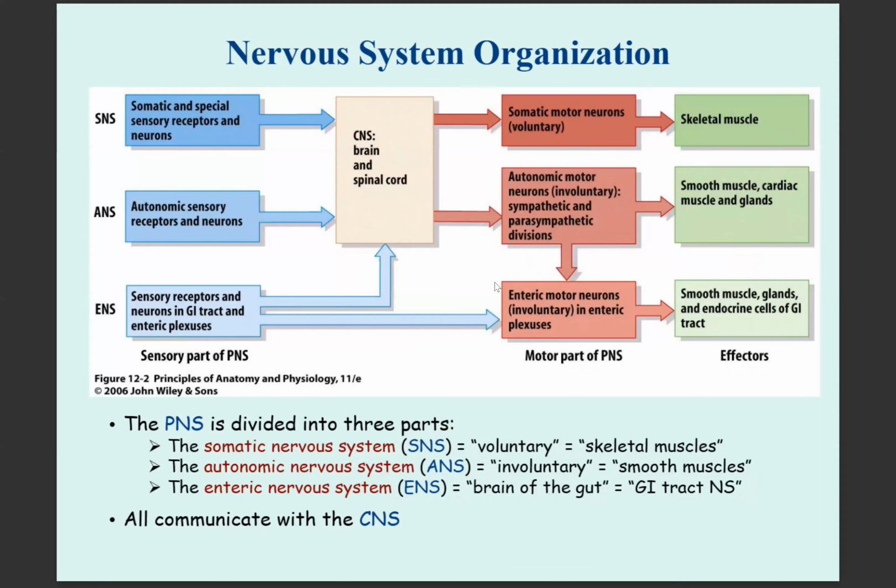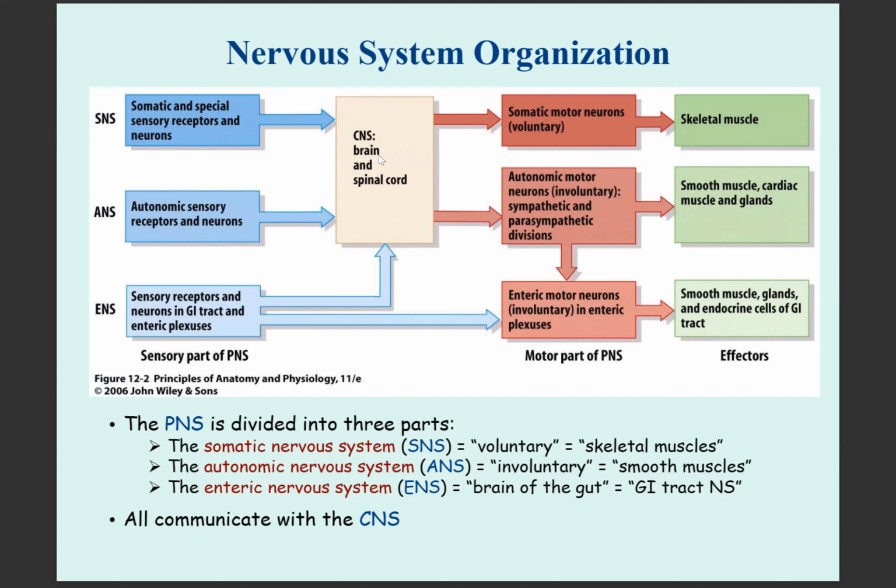So when we look at the general organization of the nervous system, the central nervous system, which is made up of the brain and the spinal cord, will have somatic and special sensory receptors and neurons that are connected to it. When we say somatic, we mean body. So that means that we are looking at receptors that convey body information, or special sensory receptors such as the eye, taking information for vision, the ear taking the information for audition, and all those things to the central nervous system for interpretation.